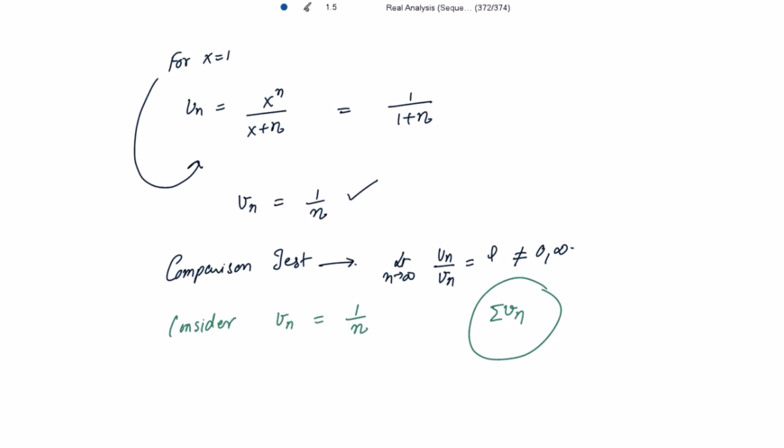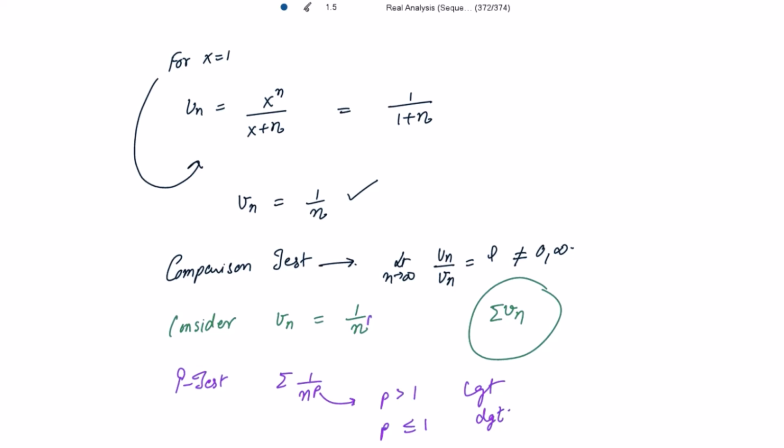We can check this series by using the p-test. What is p-test? If the summation 1 divided by n to the power p, if this p is greater than 1, then the series is convergent. If this p is less than or equal to 1, then the series is divergent.